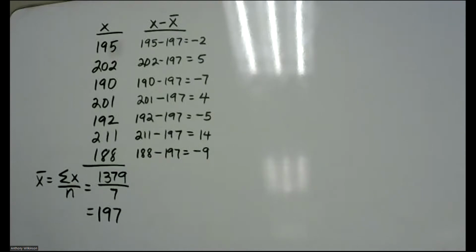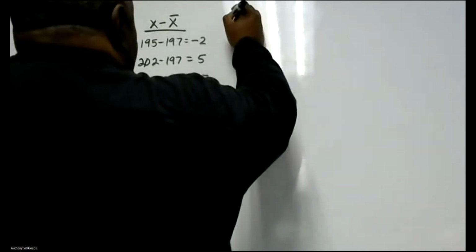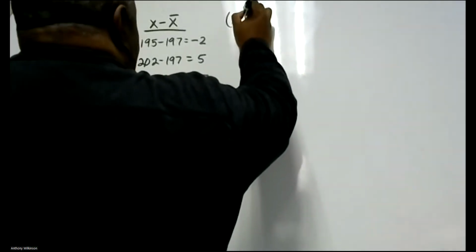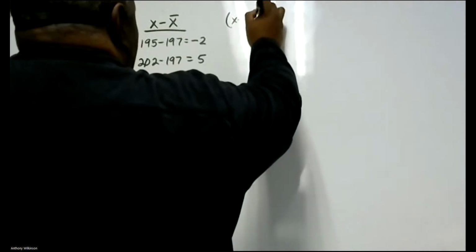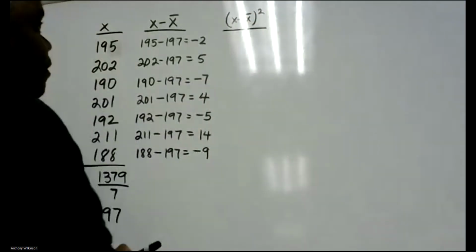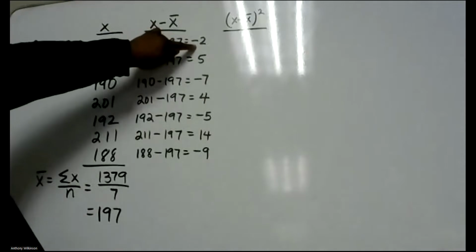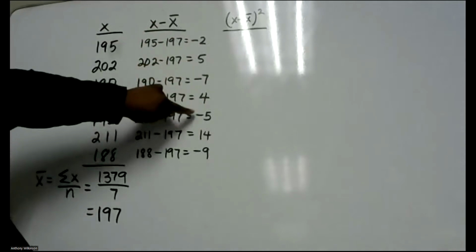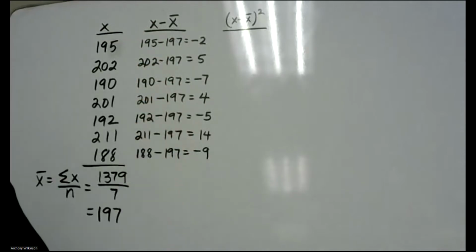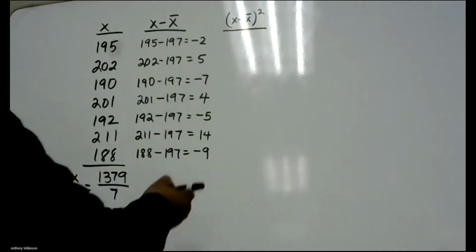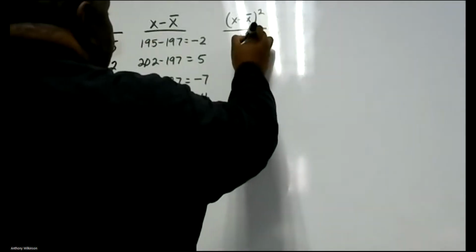Now, this is step number 3: square each difference found in step number 2. So in this column, this is going to be (x minus x bar) quantity squared. I square each of these numbers, and keep in mind, anytime you square a negative, it's going to be positive. If I square -2, this will be 4.